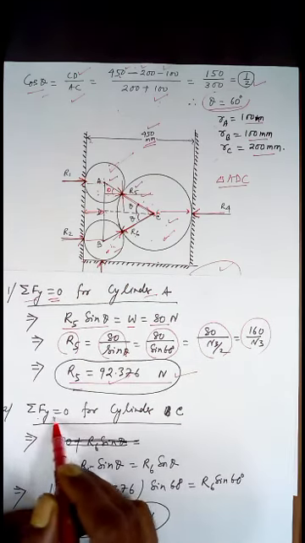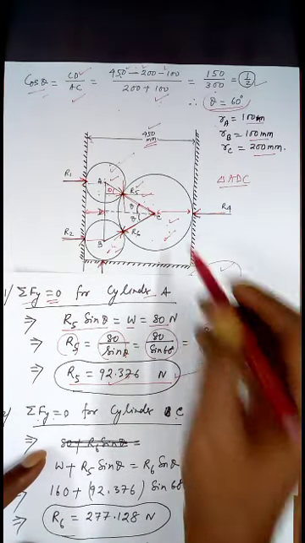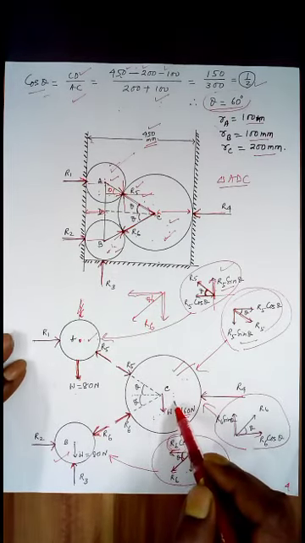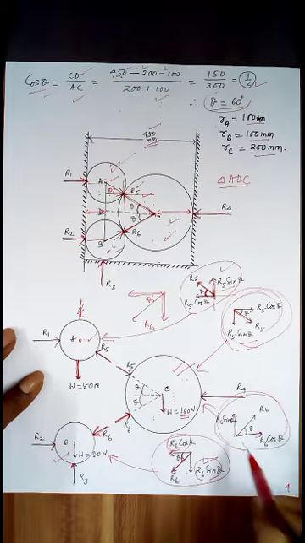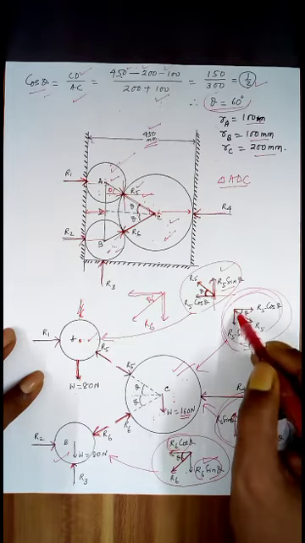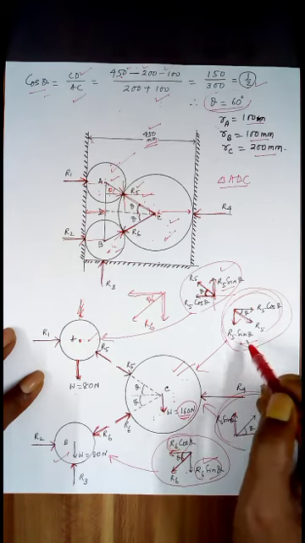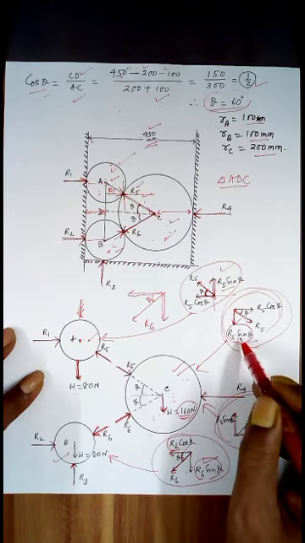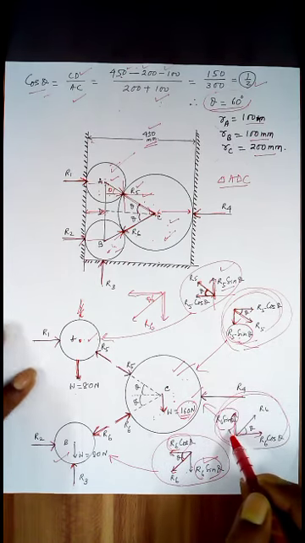Then apply sigma Fy is equal to 0 for cylinder C, in the y direction. Now this is upward, this is downward, and its weight is downward. So 160 plus R5 sin theta, both are downward, so this will be added, and this is upward, so this will balance it.